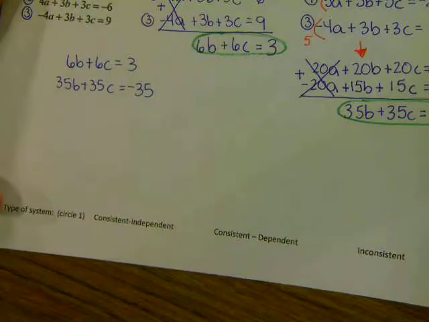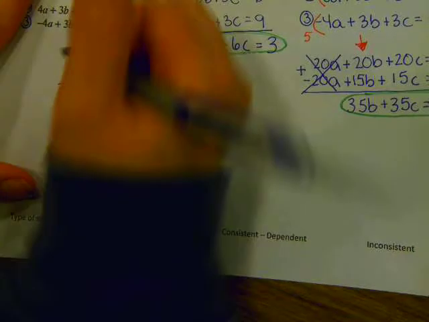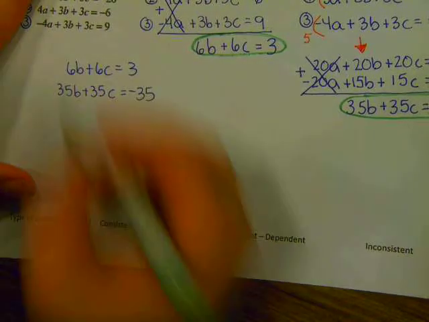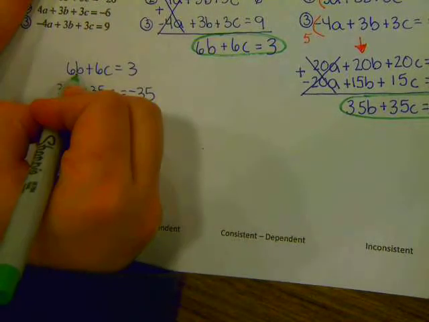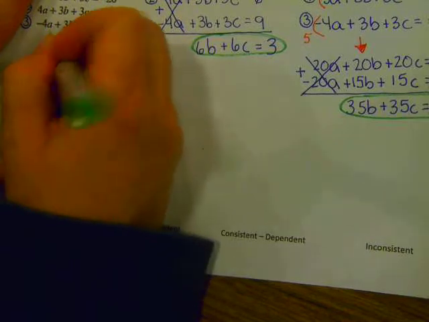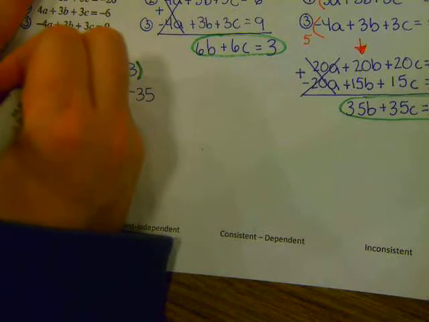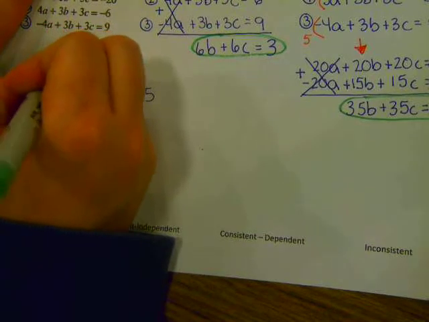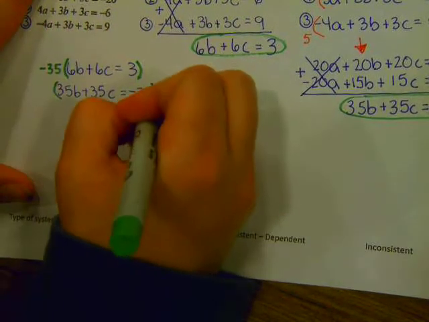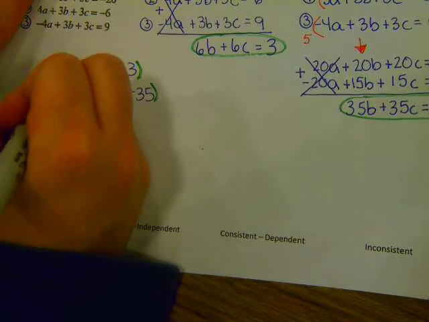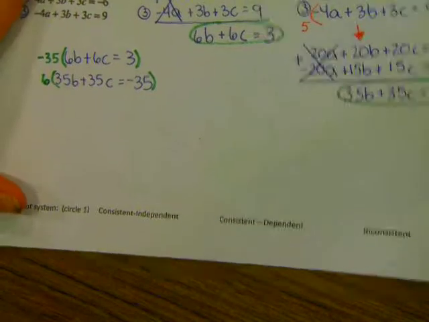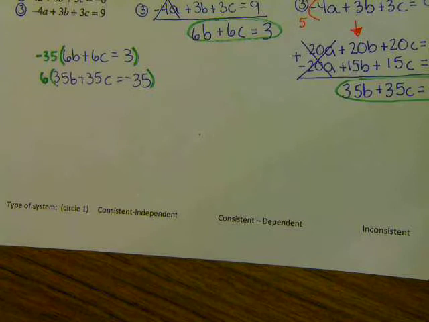Now, I have no idea what 6 and 35 have in common. So if you get stuck like that, like let's say we want to eliminate the B's, it's very simple, guys. Just take it and multiply by each other. I'm going to multiply this by negative 35, but the bottom one I'm going to multiply by 6. And then it will just happen to work so that they're the same number. Now, you need a calculator because they might be bigger numbers, but that's okay.